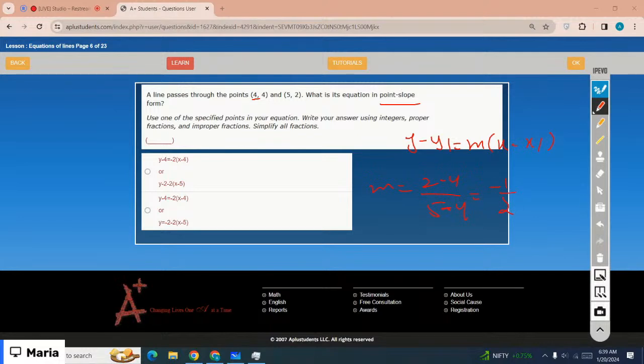The slope is 2 minus 4, which is negative 2, and 5 minus 4 is 1. That is negative 2 over 1. That means the slope is negative 2, right?